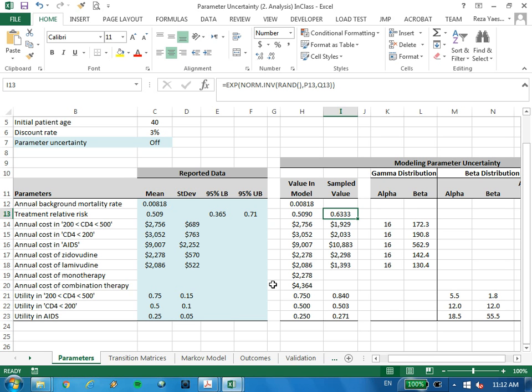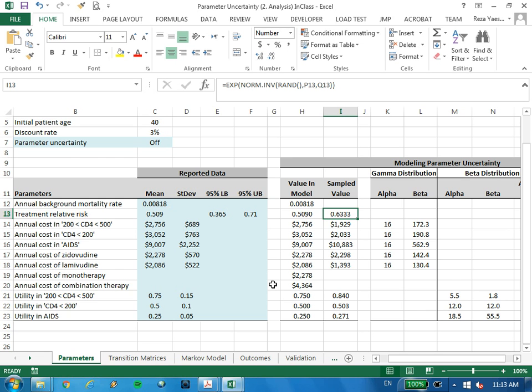If you have cost, gamma distribution is usually a good choice because it is bounded from below, so it goes from 0 to infinity. And cost also can go from 0 to infinity, so that's why people use it. So if you have the mean and standard deviation, we know how to fit a gamma distribution to the cost data. So that's what we do.